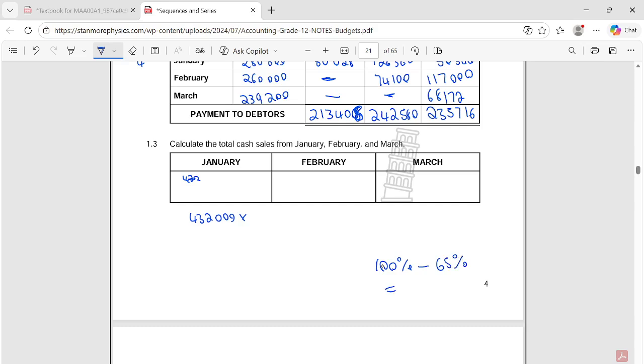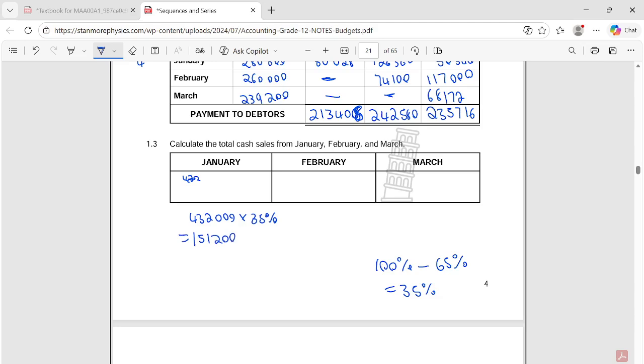Now, what is our cash sales? Our cash sales is 100 minus 65%. So I'm getting 35%. So I'm going to multiply by 35% here, right? So 432 multiplied by 35%, I'm getting my amount as what?